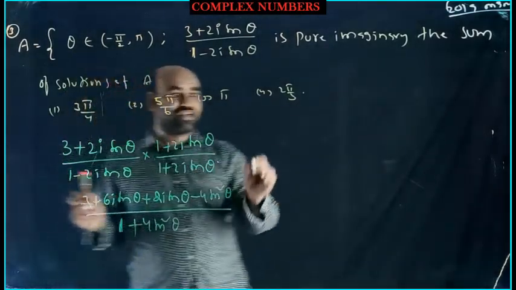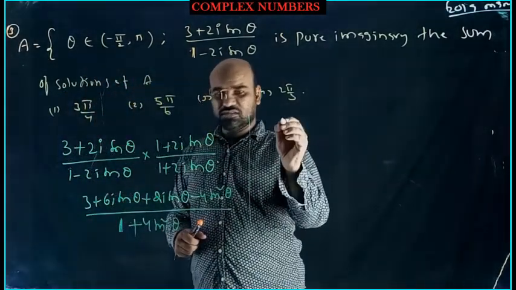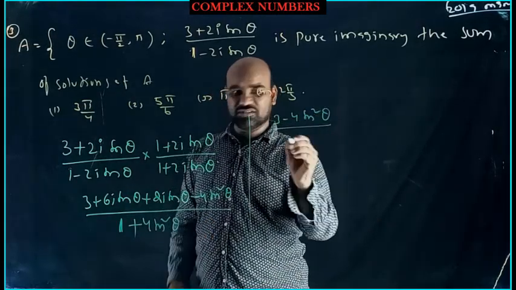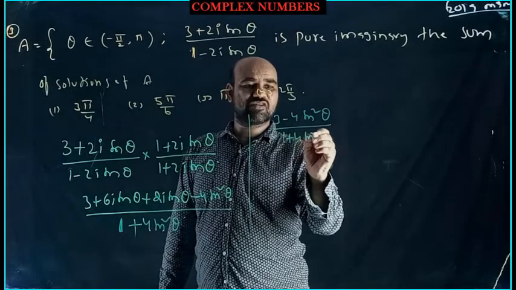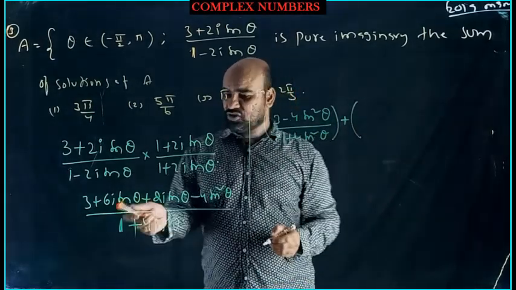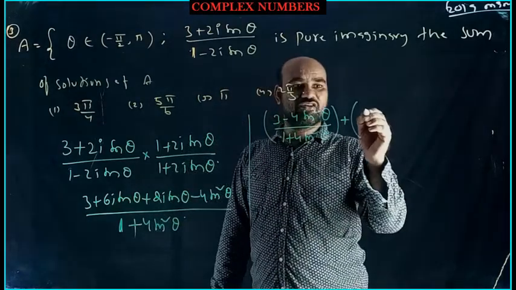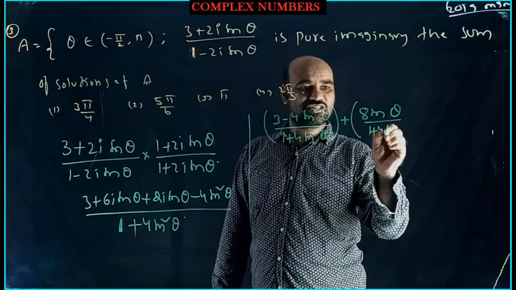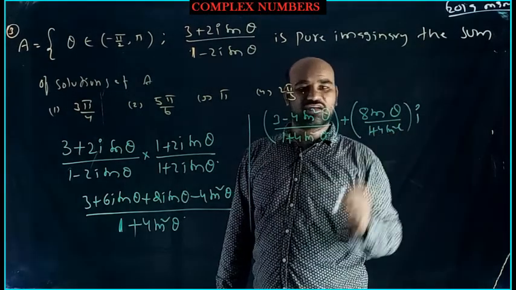So this can be written as (3 minus 4 sin square theta) by (1 plus 4 sin square theta) plus these two are like 8 iota, 8 sin theta by (1 plus 4 sin square theta) into iota.